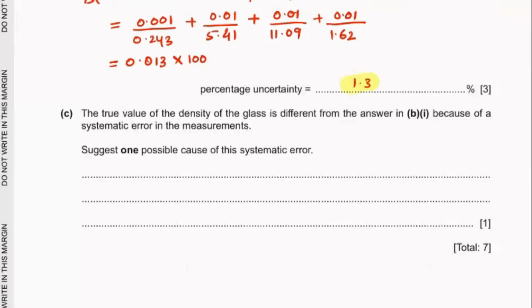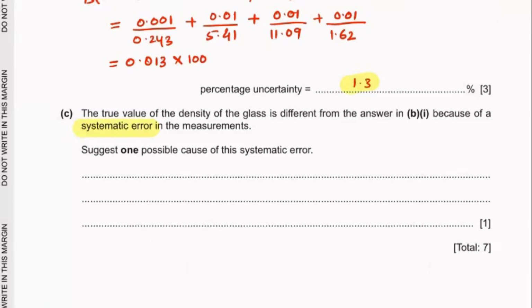Part C says the true value of the density of the glass is different from the answer in B1 because of a systematic error in the measurement. The systematic error is the keyword in this question. State one possible cause of the systematic error. A systematic error occurs when there is a zero error during calibration.